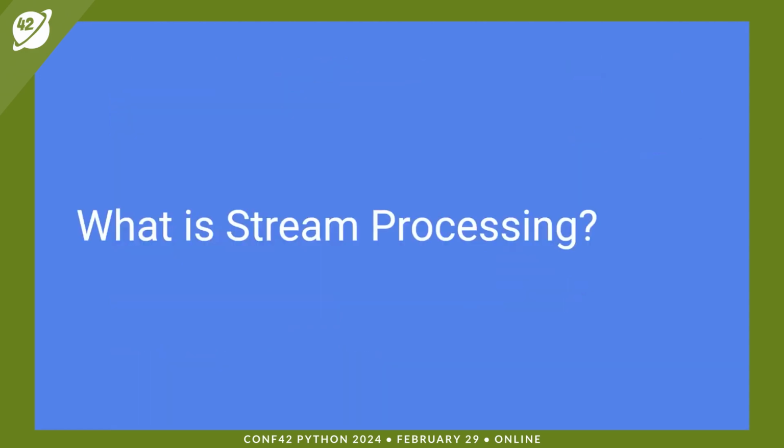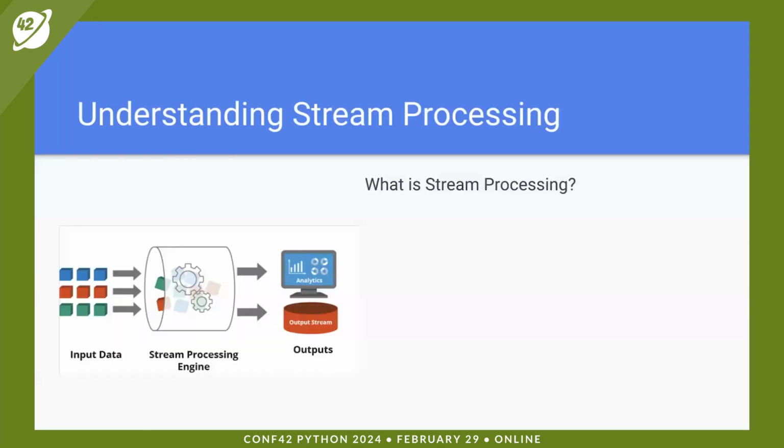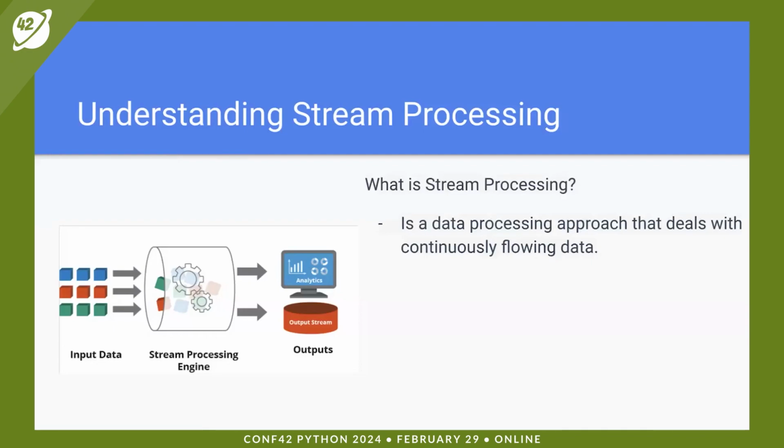Just to kick it off, I'm going to give some background about what stream processing is, because I don't know what people's experiences are, if they're aware of stream processing or streaming technologies in general. So, a quick overview. Stream processing is an approach to dealing with data that has two parts. The first is the streaming ingestion part.